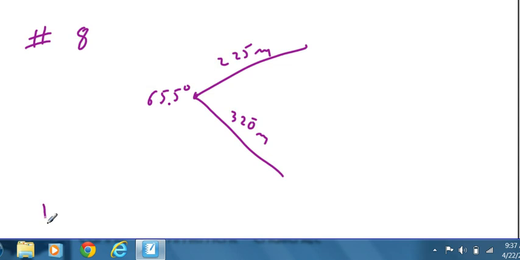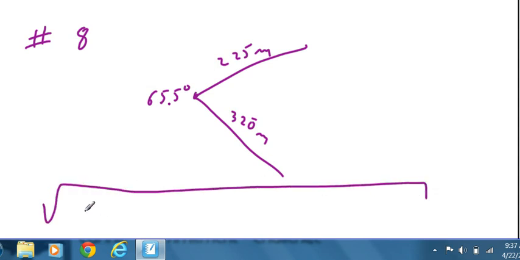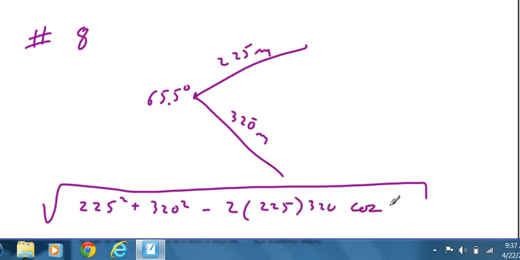Okay, so this third side is going to be the square root of 225 squared plus 320 squared minus 2 times 225 times 320 cosine 65.5 degrees.